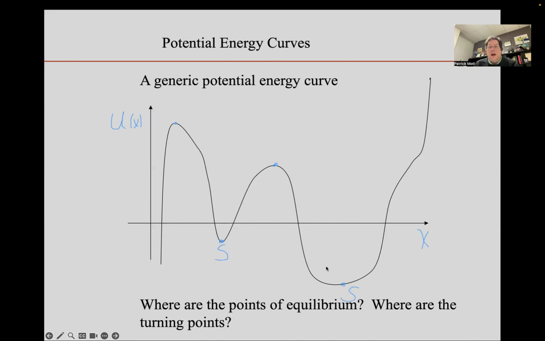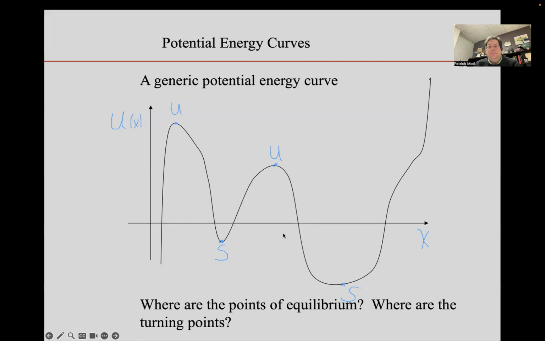If I perturb the object, the force corresponding to this potential is going to push it back to the equilibrium point. And then I've got two unstable equilibrium points. So I'm just going to label those with U for unstable. So those are points where the function's first derivative goes to 0, and the second derivative is negative. So it's concave down.